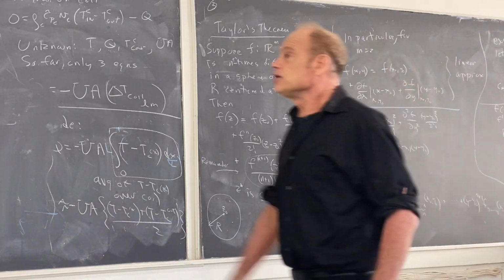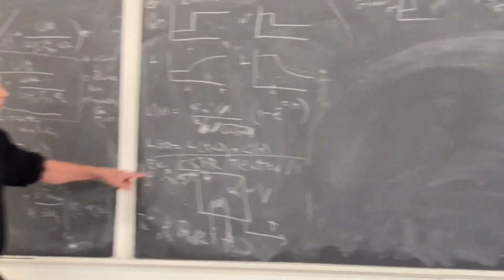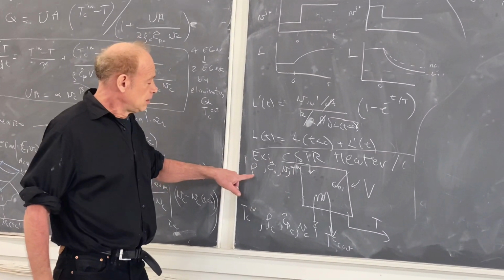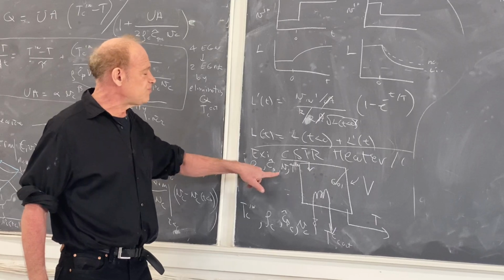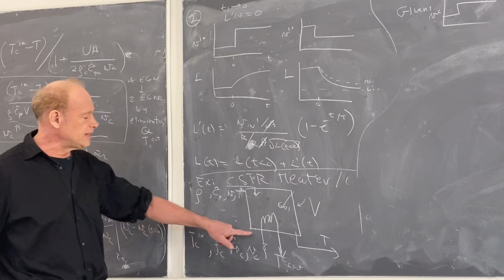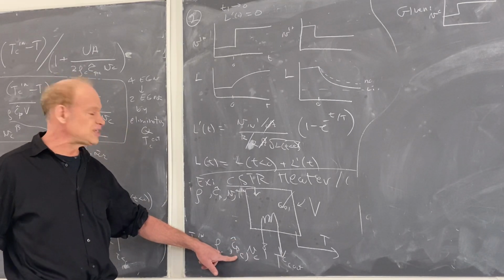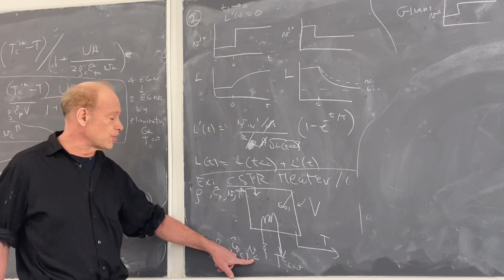To look at that, we looked at a CSTR heater where we have fluid coming in with a density, specific heat, a volumetric flow rate. So there's a certain inlet temperature of the cooling fluid, a density, a specific heat, and a volumetric flow rate.